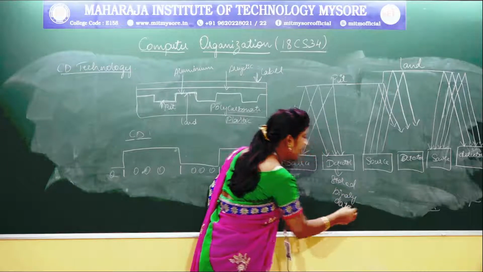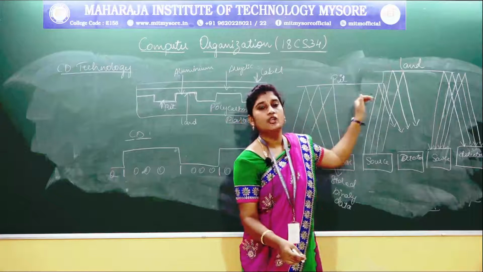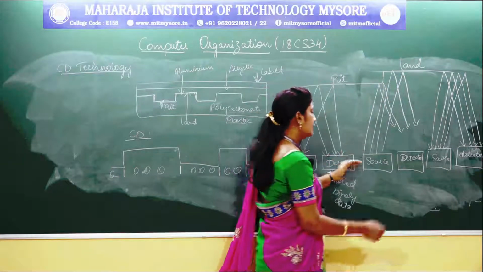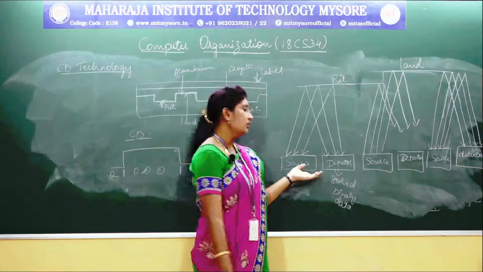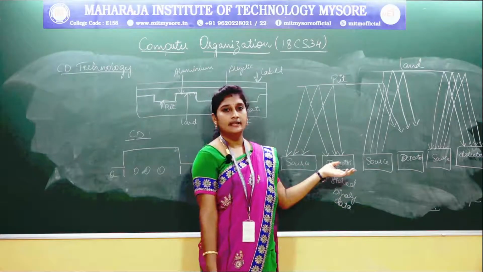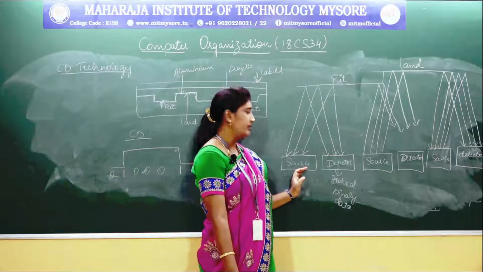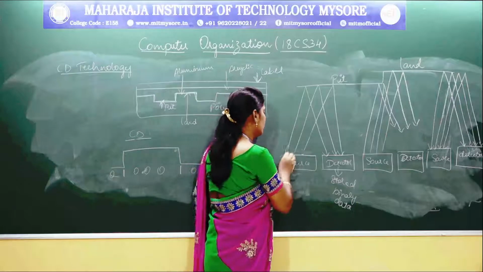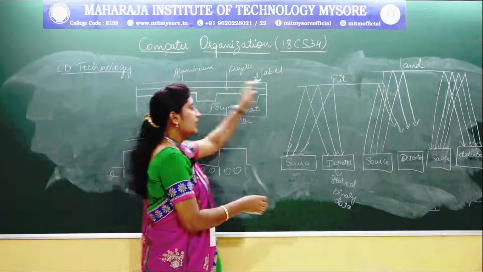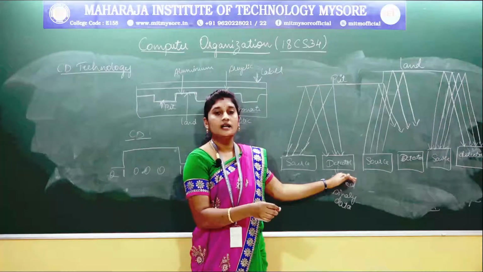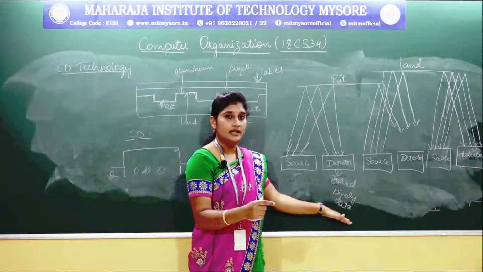Coming to the next case, here there is an elevation between the pit and land. This is the case where the laser light is sent between the source and the detector. When the laser light is sent out from the source, it is reflected at the aluminum foil and reflects back to the detector, where you get the actual stored binary data.